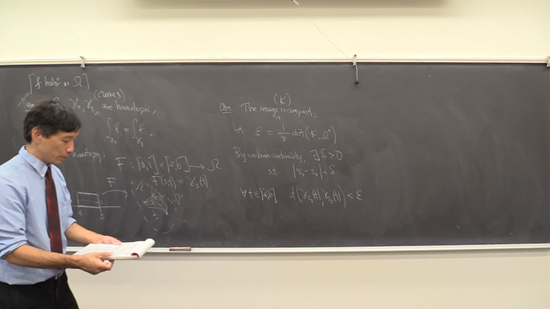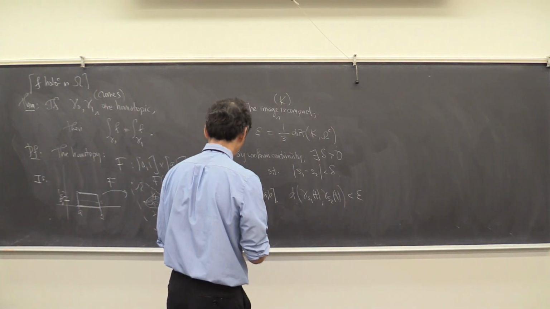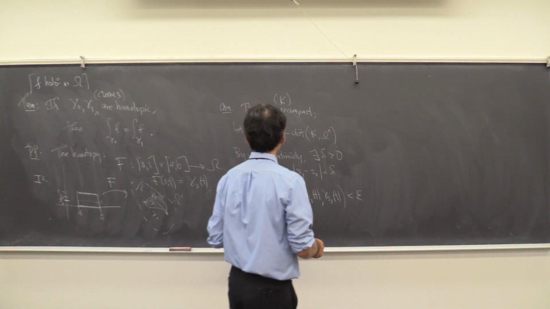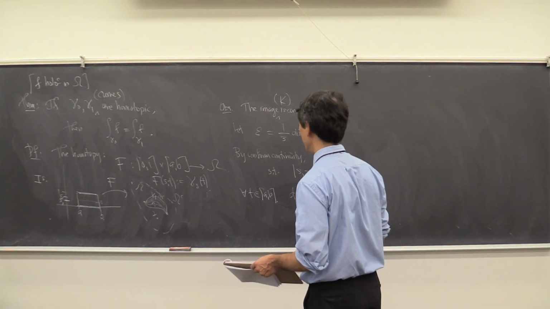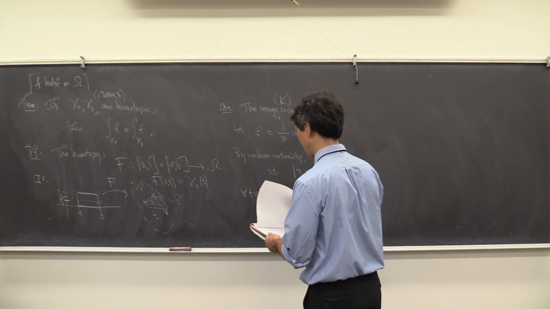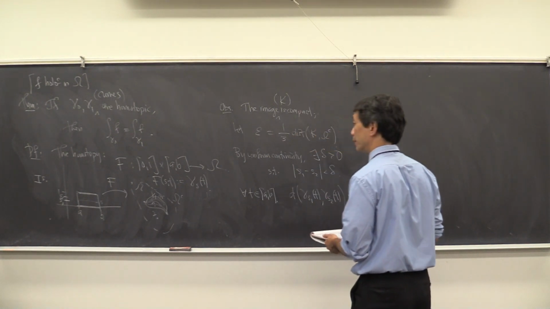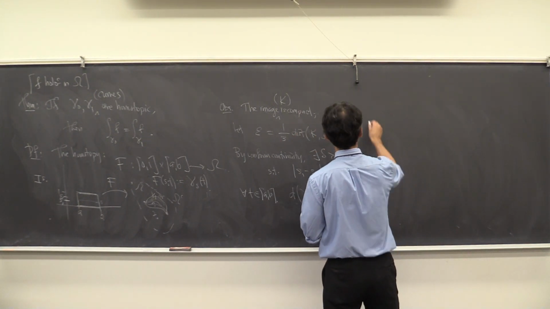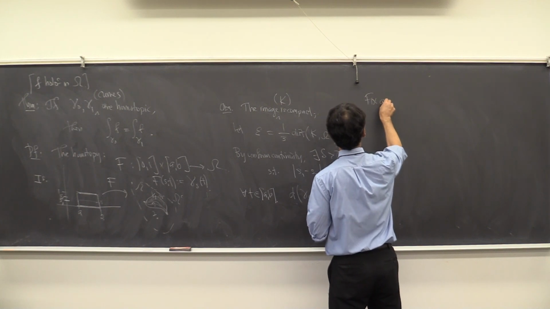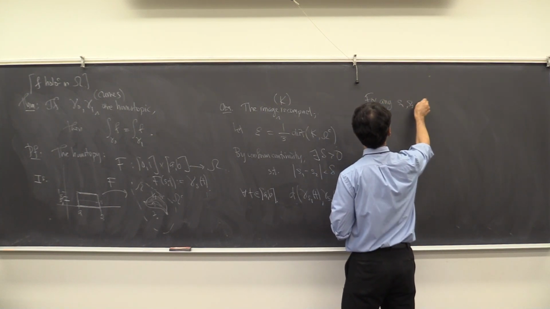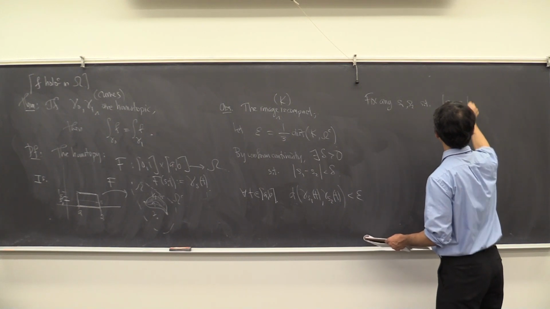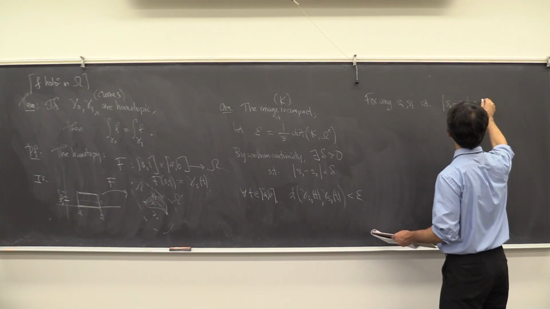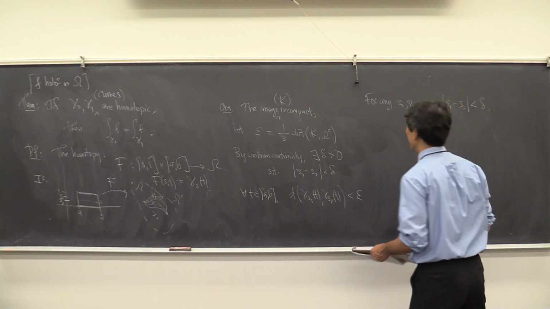So fix any two, s1 and s2, that satisfy that condition, so they're within delta of each other.